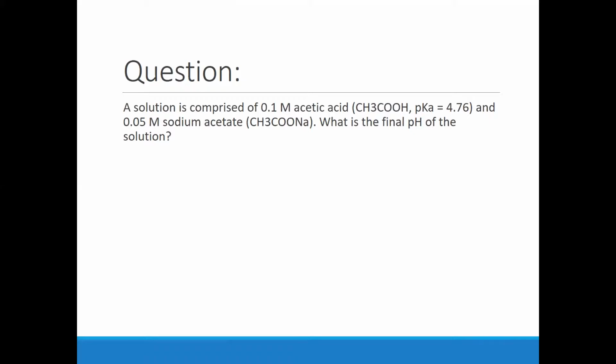First of all, I'm going to write the Henderson-Hasselbalch equation out. We know how to relate things like pH, pKa, and concentration to this equation. So pH equals pKa plus the log of the concentration of the conjugate base over conjugate acid.